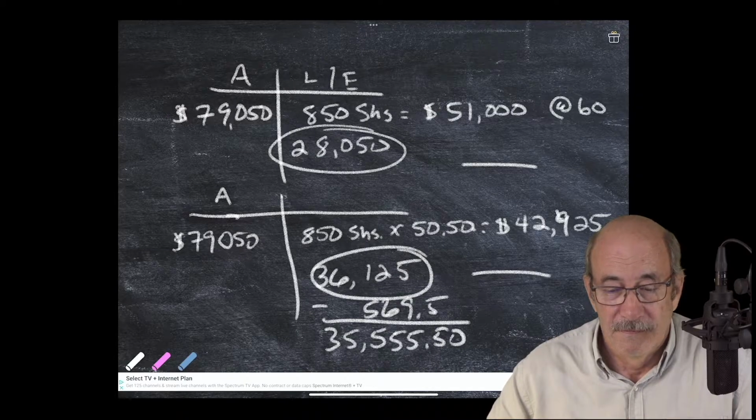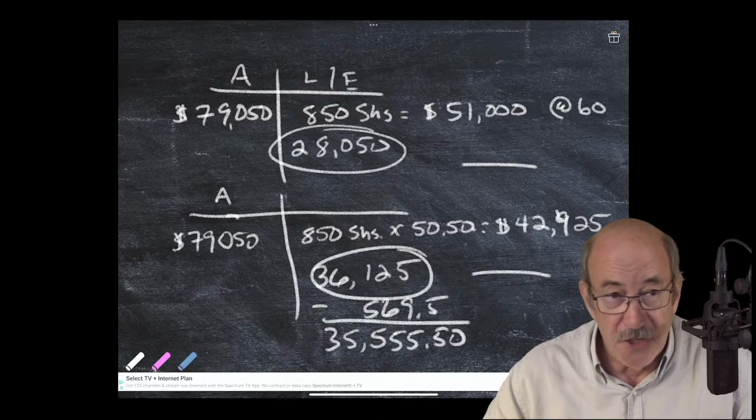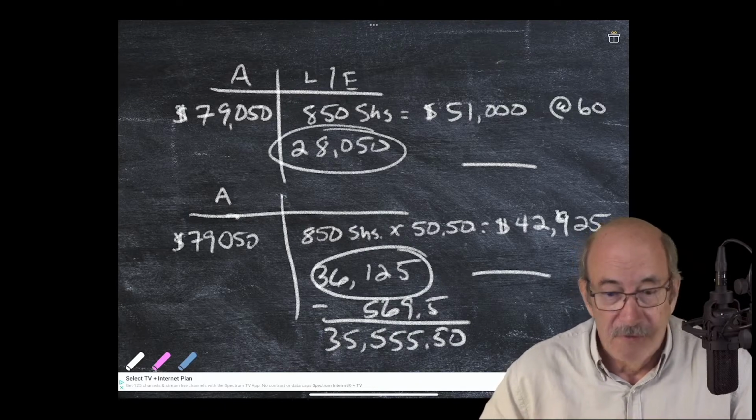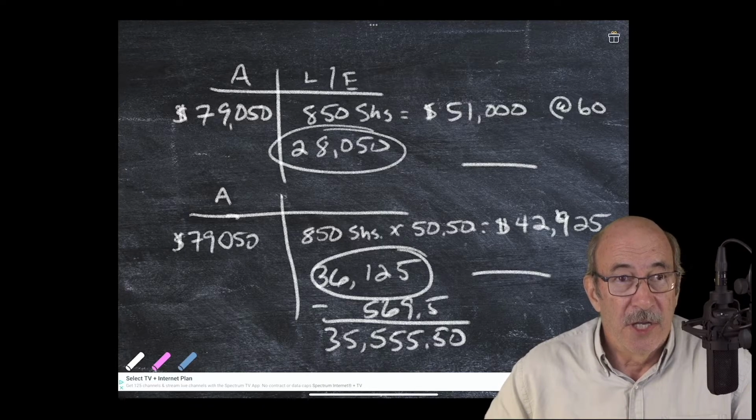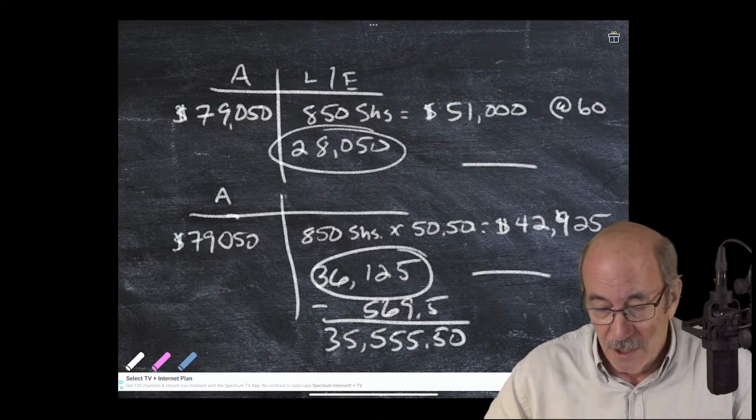I got 35,555.50. Oh, great. Okay, perfect. Thanks, Nick. Okay, so that's our gross proceeds from this. So now we've taken care of the dividend payment. Now we can go about calculating our net profit and then our return.